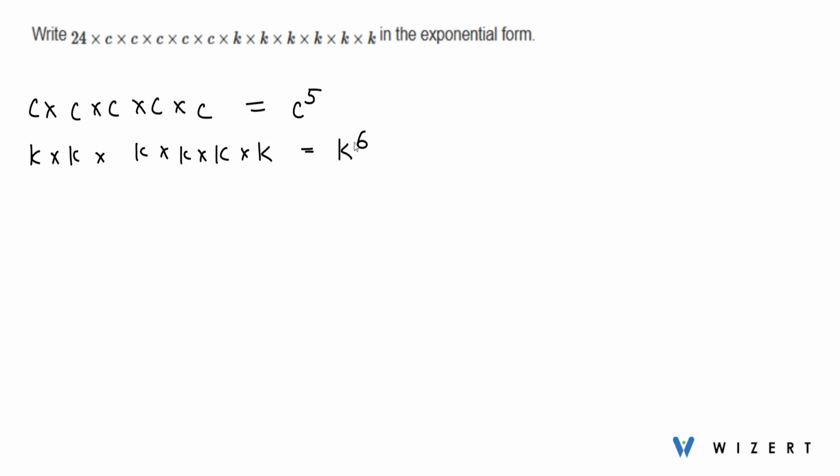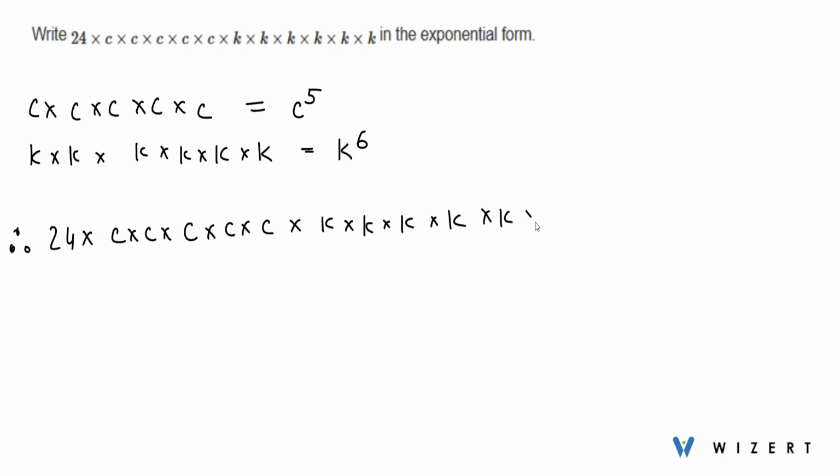Therefore, the original expression given to us was 24 multiplied by c 5 times and multiplied by k 6 times. 1, 2, 3, 4, 5, 1, 2, 3, 4, 5, 6.